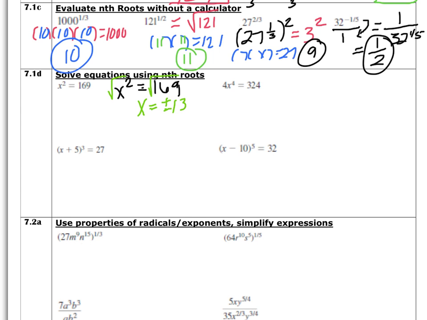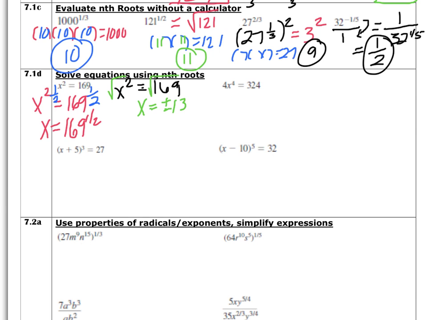Now that's the radical. If you want to use the exponents, you can also do that. So let me show you another way to do this. X squared equals 169. To get rid of the little 2 exponent, you can just multiply by its reciprocal, which is 1/2. If you do it to one side, you do it to the other. So what you end up getting is x is equal to 169 to the 1/2 power.